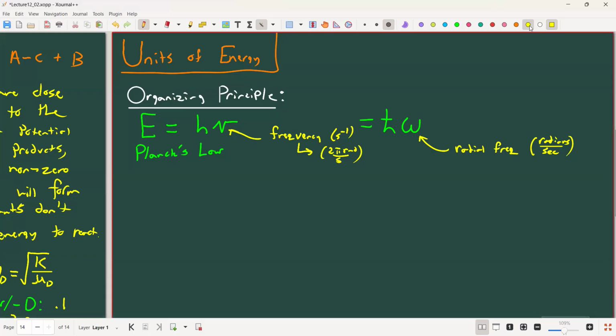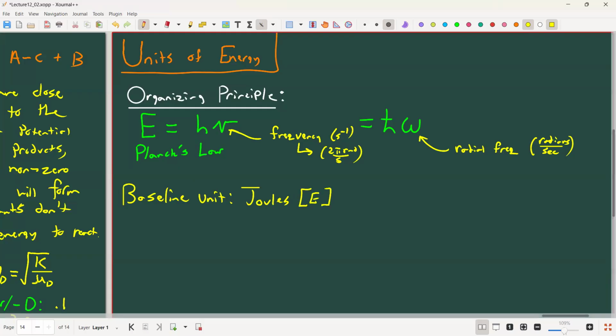Right. And our baseline unit for energy, of course, is joules. For energy. Okay. But what this is telling me is that if I have energy, frequency is also an energy. They're proportional by h, right? So I have an equivalent frequency unit of energy.